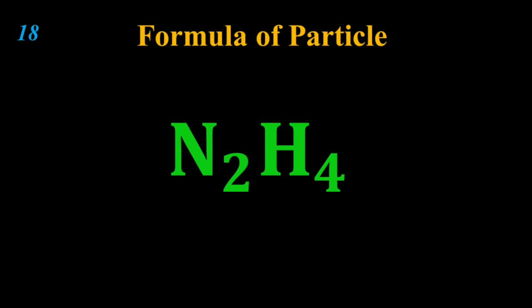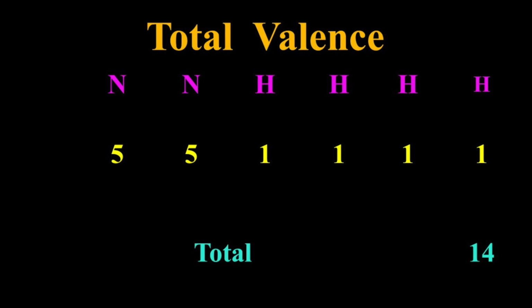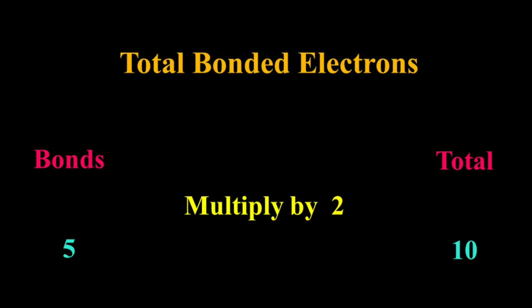Here's a similar one, N2H4. Very similar but different. So here is the preliminary structure. Now let's do some accounting and see where we are from there. So it's going to be 5, 5, 1, 1, 1, 1. That's 14. Notice that the hydrogen does not need any more electrons.